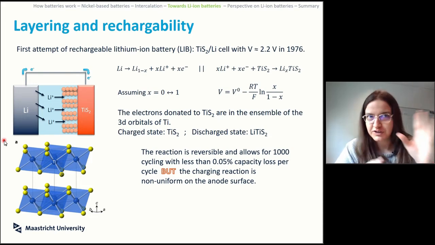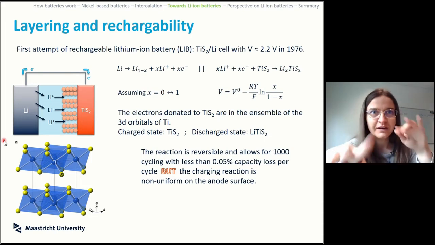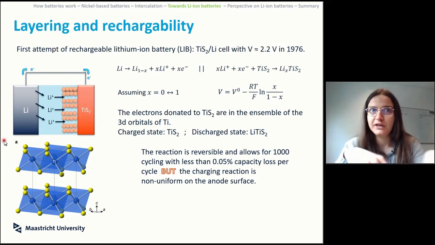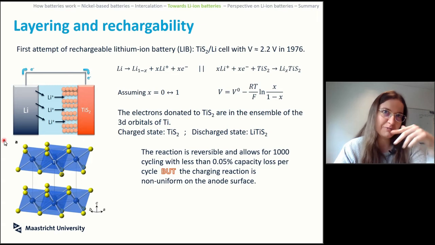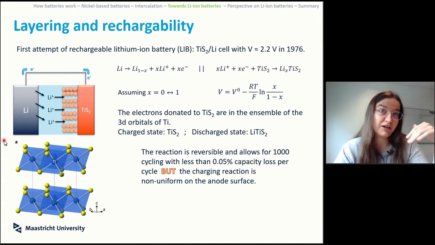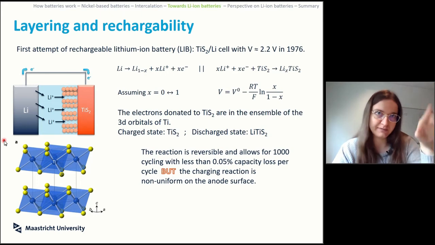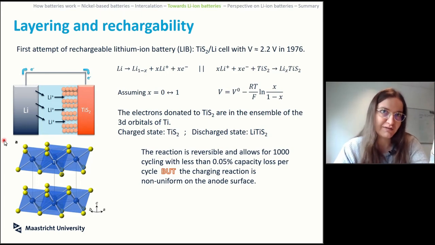So really using solid against electrochemistry within the solid, amazing. But the recharging, so the moment when lithium plus goes back into the lithium and should reform this thing by having the electrons given, is non-uniform.